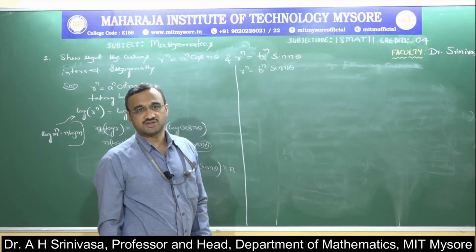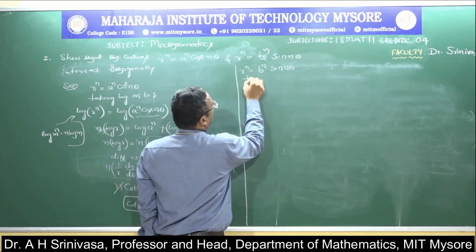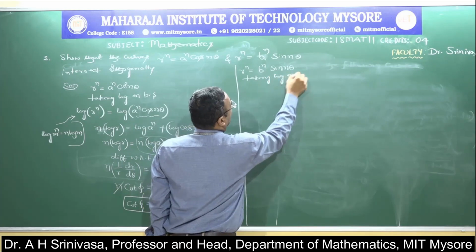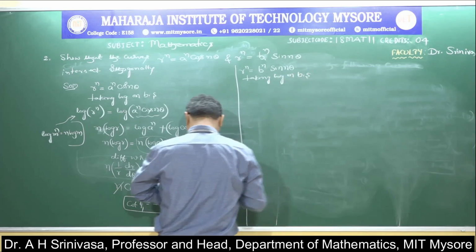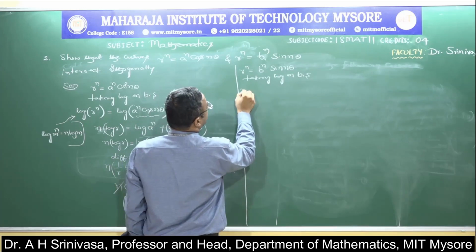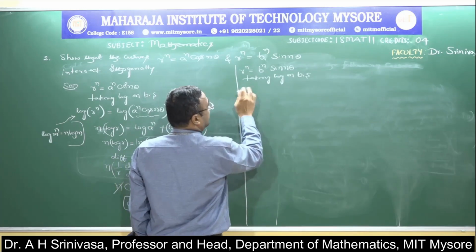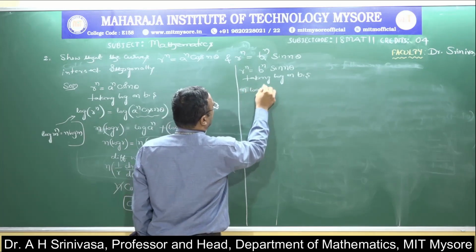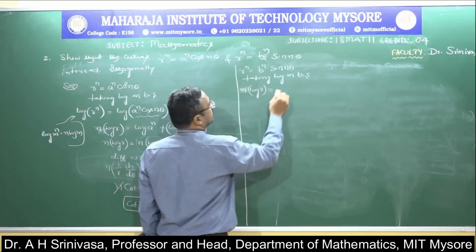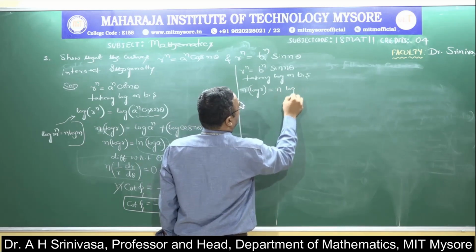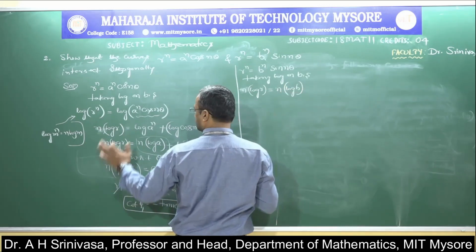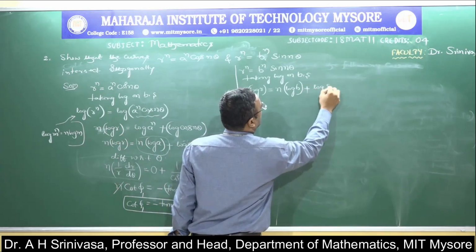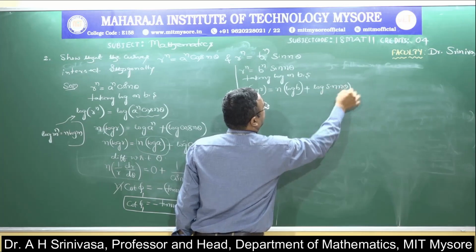Now taking log on both sides, n into log r should be equal to n into log b, following the same procedure as before, plus logarithm of sine n theta.